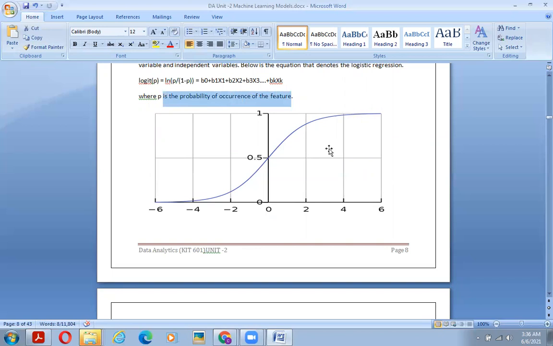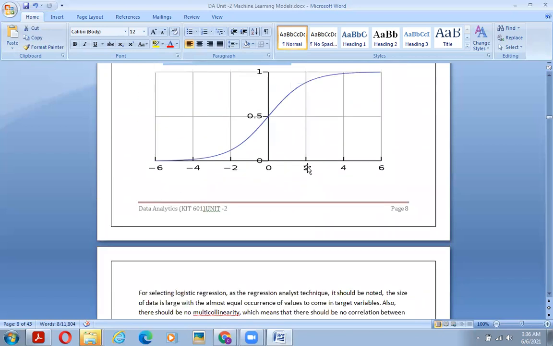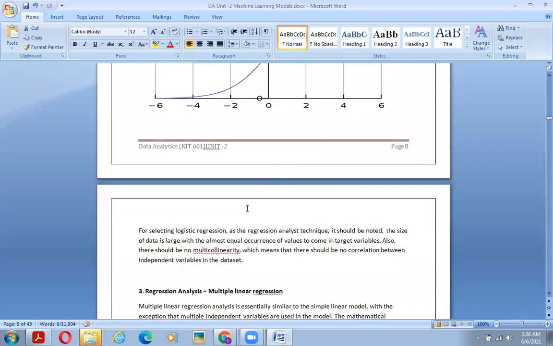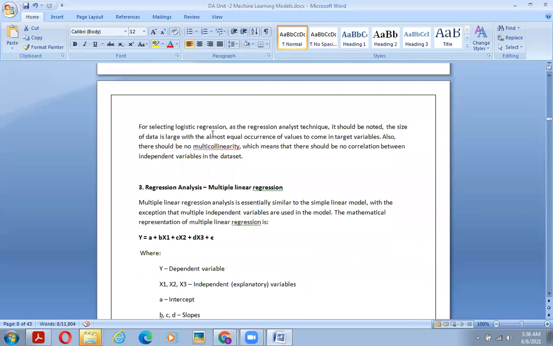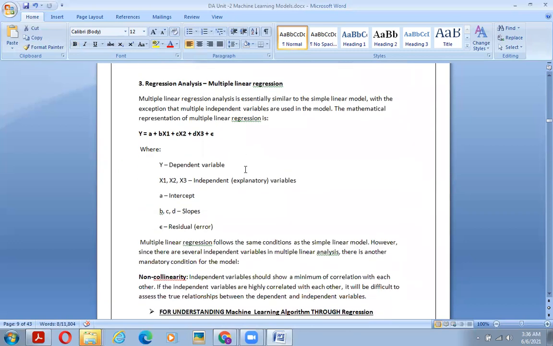With this graph, which is known as the sigmoid curve, we are able to get whether it will happen or not. We will define the test set as 0 or 1. For selecting logistic regression as the technique, it should be noted that we need a large sample set with equal occurrence of values for the target variables. And there should be no multicollinearity, which means there should be no correlation between the independent variables in the data set.